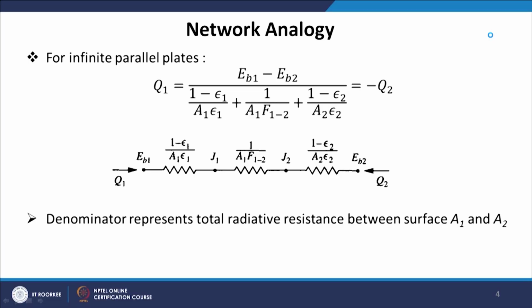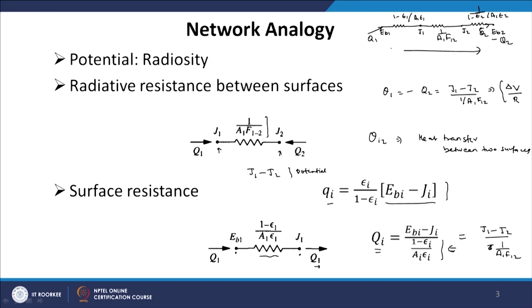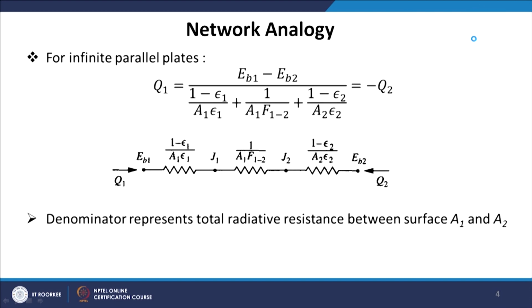So, for infinite parallel plates, we can combine the resistances in series. As I have drawn in this network, we have 3 resistances. The 2 resistances are surface resistances, and one resistance is the radiative resistance, as also shown here. So, the 3 resistances can be added together. The combined resistance R in series is R1 plus R2 plus R3.